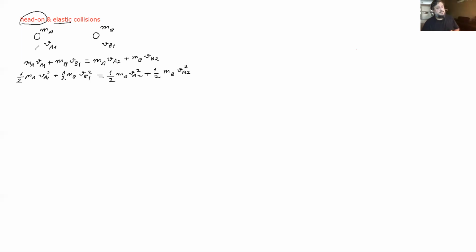All right. Now, a typical problem will be, like you will be given the masses, ma and mb, and maybe initial velocities, va1 and vb1. And you're supposed to find va2 and vb2, the after velocities. You have two independent equations. This is solvable, fine.